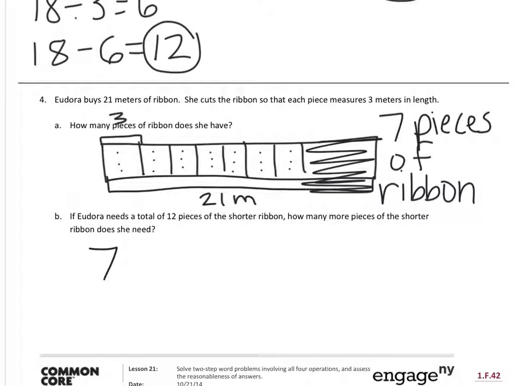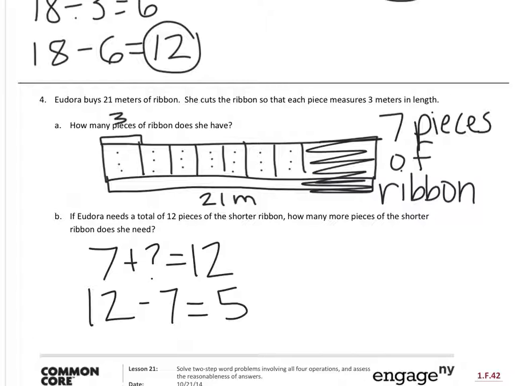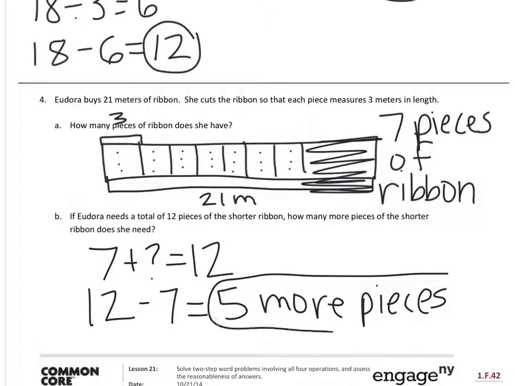So what we're saying is 7 plus something equals 12. I can flip that around by taking my total, 12, and doing a subtraction problem, minus 7. 12 minus 7 equals 5. 5 more pieces. Circle my answer.